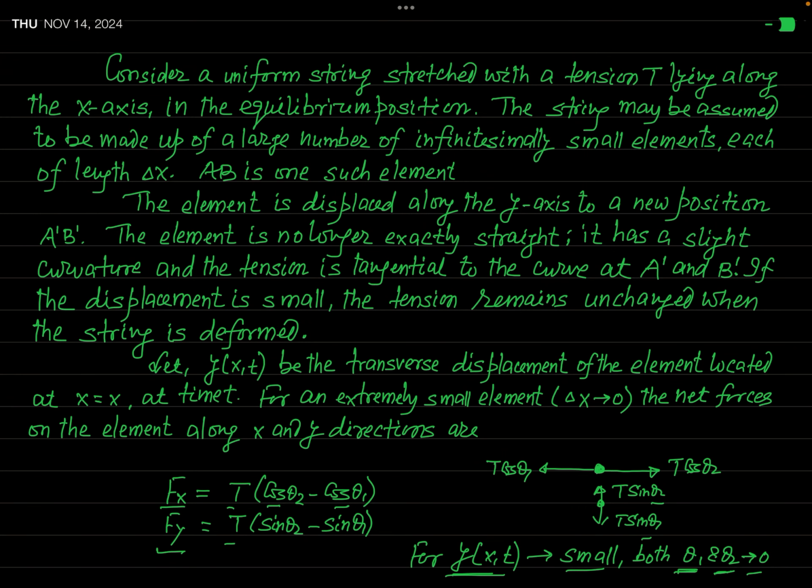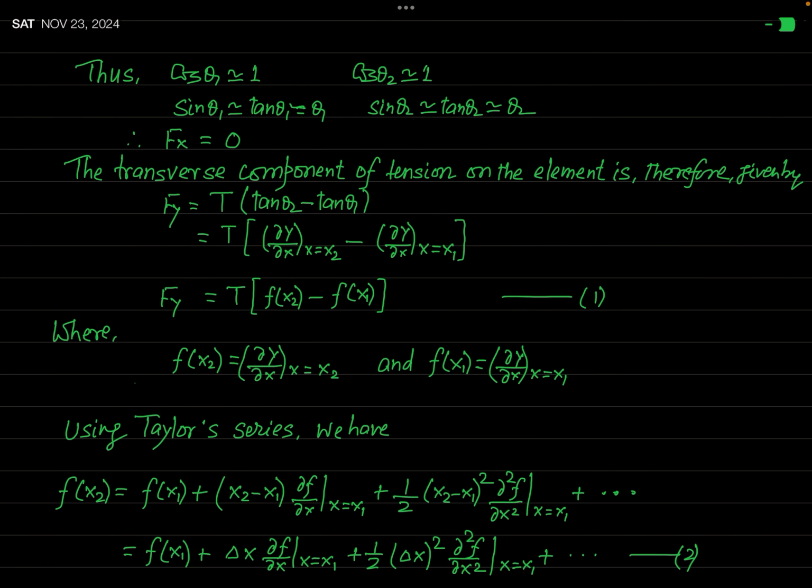And you know from limit theory that if theta 1 and theta 2 are very small, then cos theta 1 is almost equal to 1. As theta tends to 0, cos theta equals 1. And in this condition, sin theta and tan theta are both equal to theta when theta is very small.